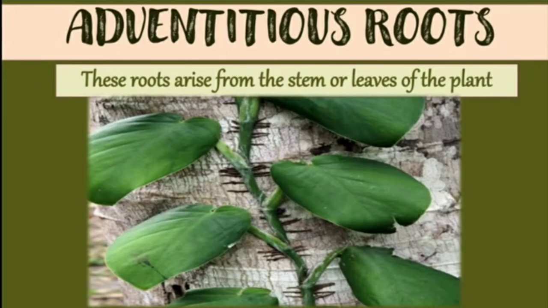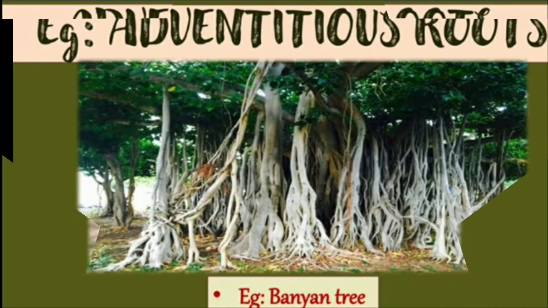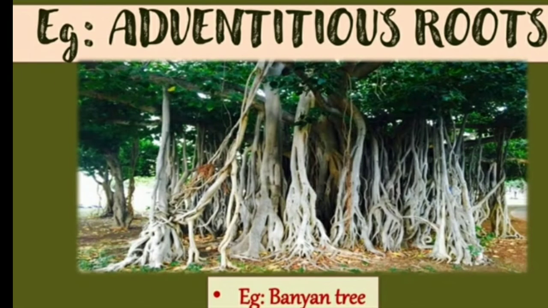So these are called adventitious roots. Understood? For example, a banyan tree. You must have seen this, right? So these are the examples of adventitious root.